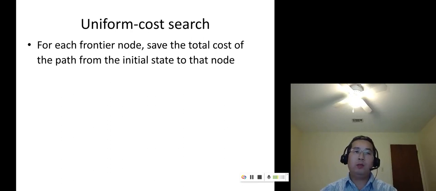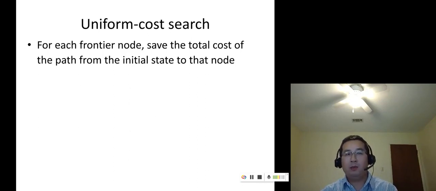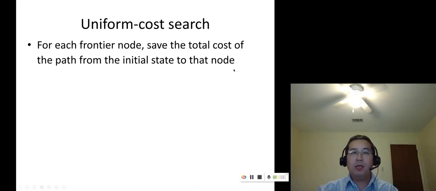So here, we still adopt the same search strategy we mentioned before. We maintain the frontier nodes, and then we save the total cost of the path from the initial state to that node. So now we add this information to each node.